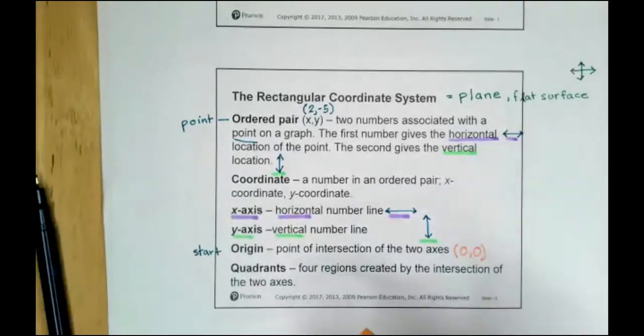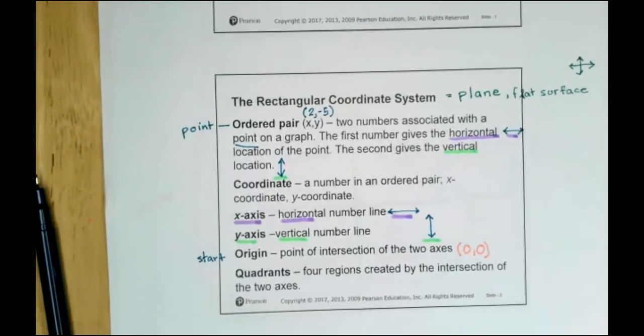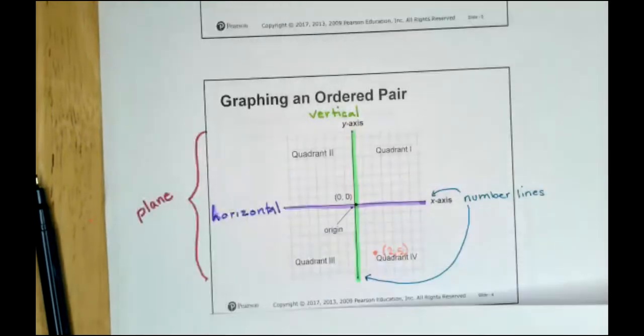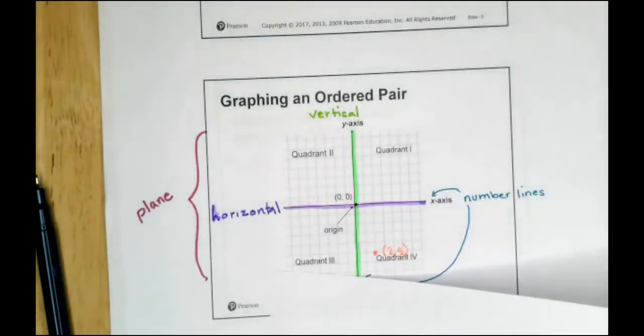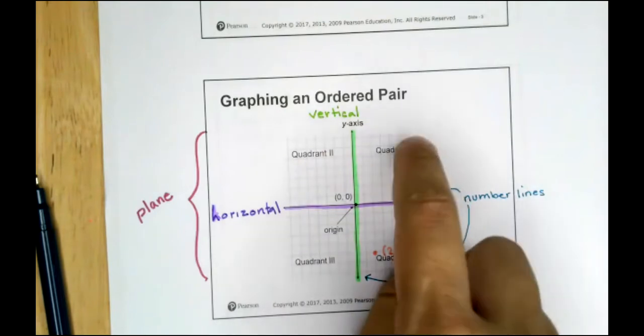Quadrants means the four regions created by the intersection of x and y, okay? The quadrants are an odd order, but it goes 1, 2, 3, 4. So it's just something to remember.